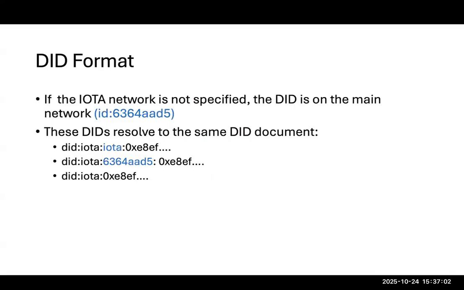The IOTA network is optional. If not specified, you know that the DID that you received points to the mainnet. So the network ID of the main network is that one, 6364 ID 5.